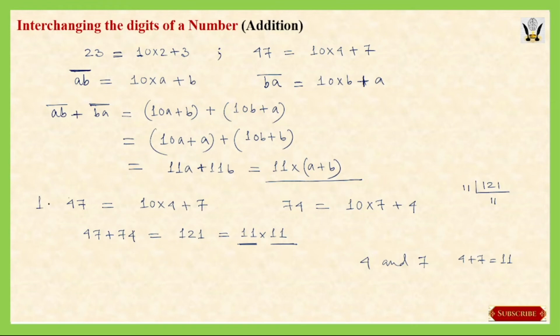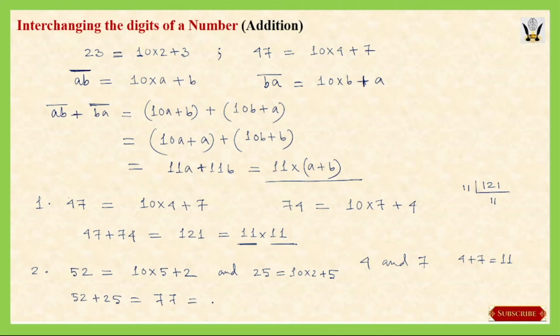Now again, if we choose another example, say 52, then 52, how can it be written? It can be written as 10 multiplied by 5 plus 2. And now if we interchange the digits, then it becomes 25. So 25 can be written as 10 multiplied by 2 and then plus 5, right? Now if we add them, 52 plus 25, then it will be 77.